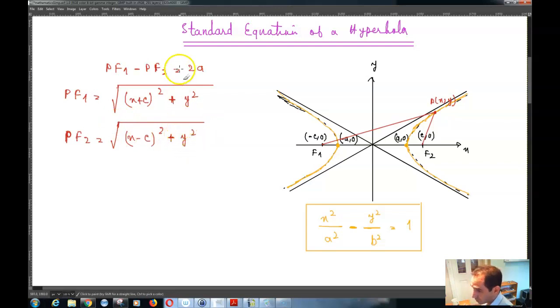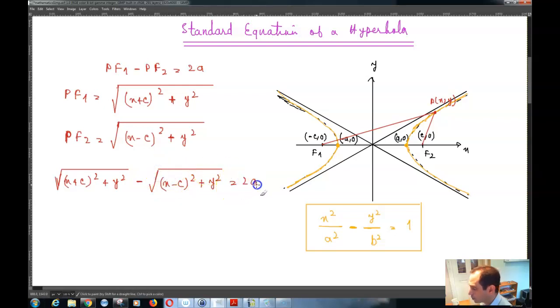And of course, since that is the case, based on this equation, I can write the square root of X plus C whole squared plus Y squared minus PF2, which is this expression over here, X minus C whole squared plus Y squared, is equal to 2A.